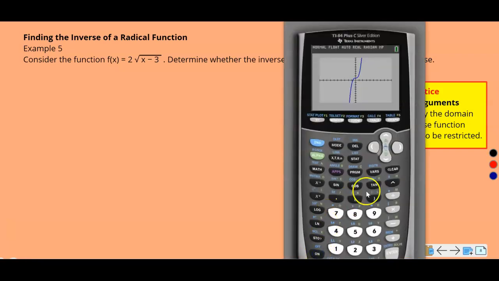All right, so using the calculator, let's clear the last function and then type in 2 square root of, we've got x minus 3. Then I'm going to hit graph.